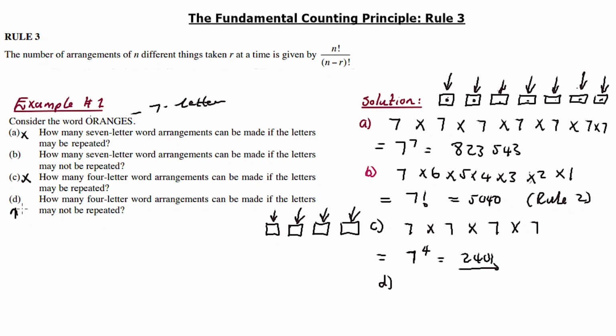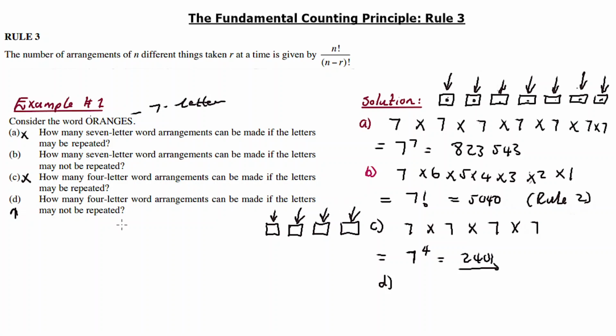D. How many 4-letter word arrangements can be made if the letters may not be repeated, again this time? So, you can solve without applying rule number 3. I just want to make a point. There's no need to use the rule here, but in some cases it might be helpful to use rule number 3.